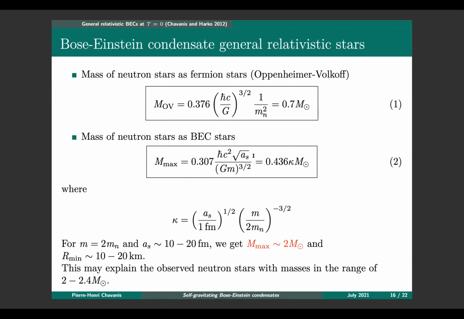By choosing appropriately the parameters, we can get a maximum mass in the BEC model of the order of 2 solar masses, which could explain the observed neutron stars with masses in the range of 2 to 2.4 solar masses that cannot be explained with the Oppenheimer-Volkoff ideal fermion star model.